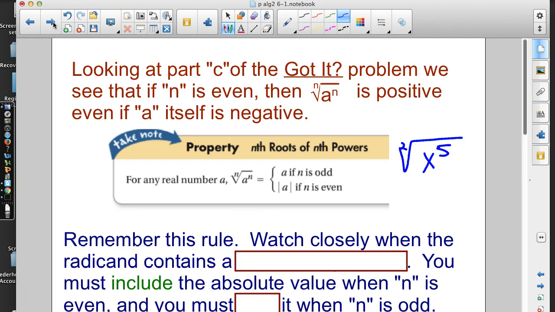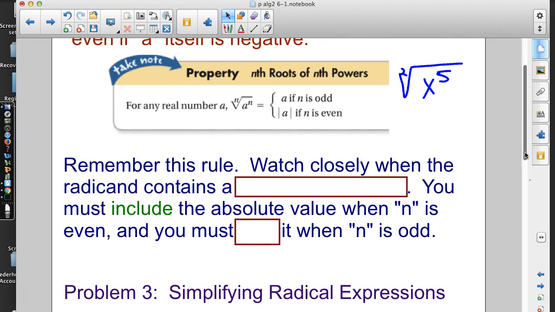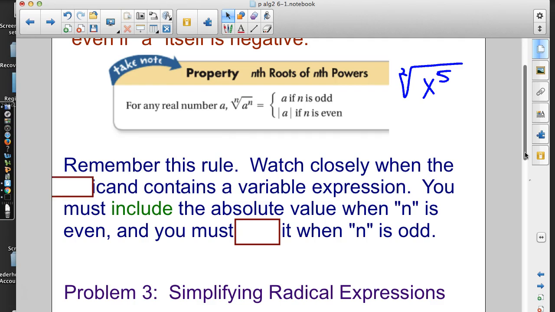So what's going to happen here is we're going to talk through this two ways. I'm going to give you the short and sweet, and I'm also going to talk you through thinking about this in terms of if you wrote this problem, what did you want to happen? And both of those ways will get us where we need to go. So remember this rule. Watch closely when the radicand contains a variable.